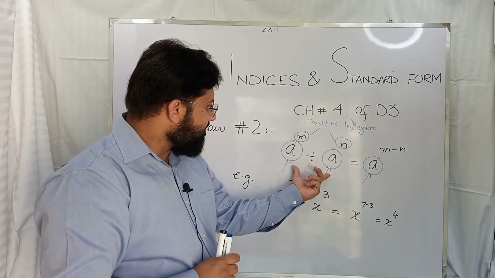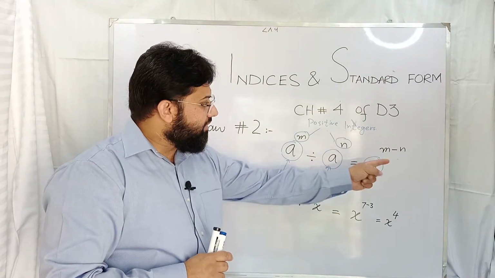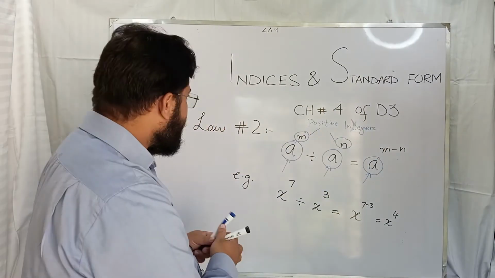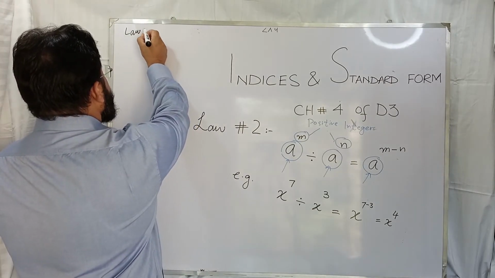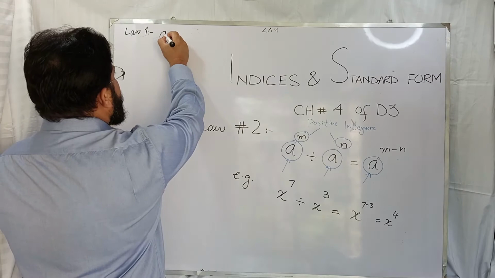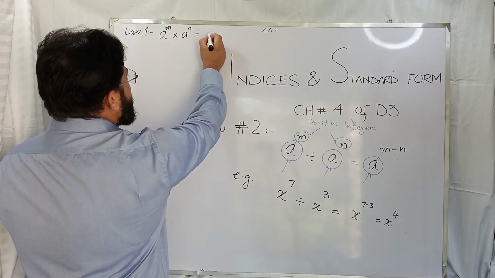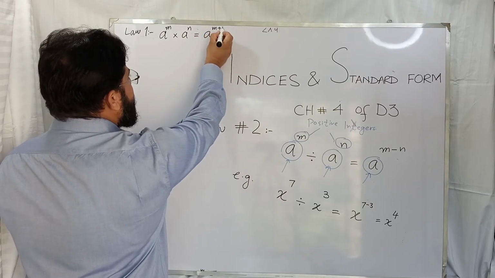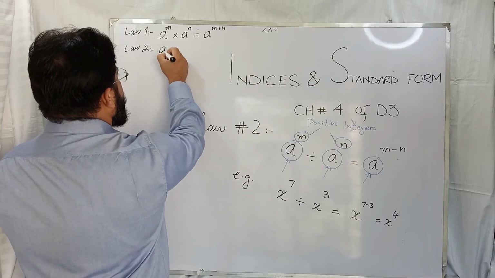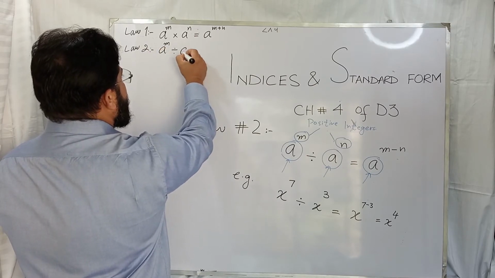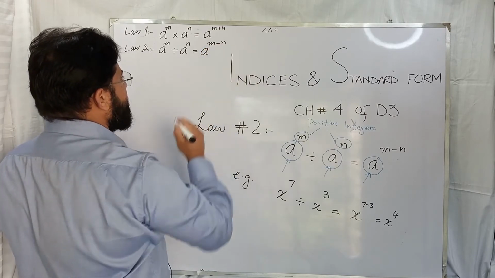If bases are same but their powers are different and they are going to be divided by each other, their powers are subtracted. So I write down here for further reference that law number 1 says a^m multiplied by a^n is equal to a^(m+n), and law 2 says a^m divided by a^n is equal to a^(m-n).